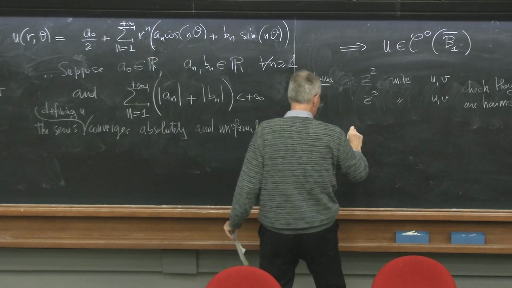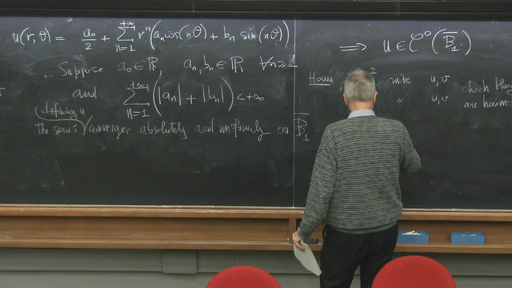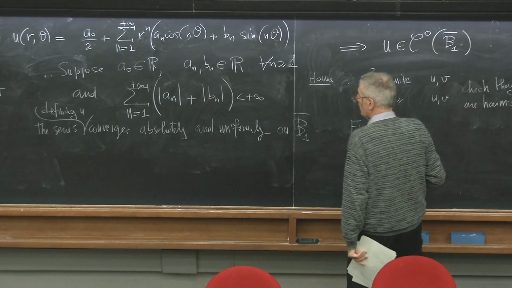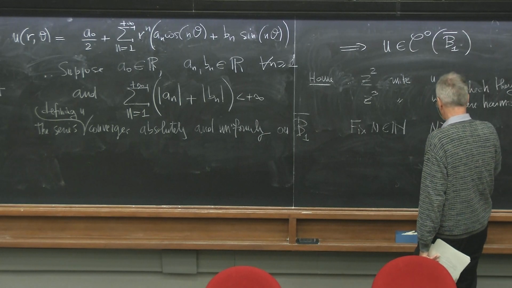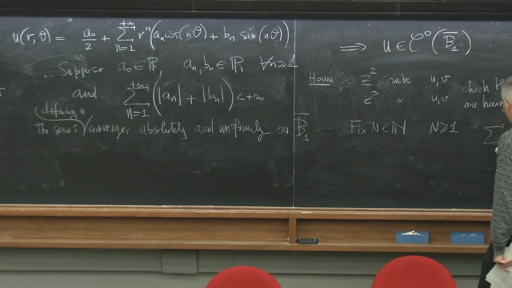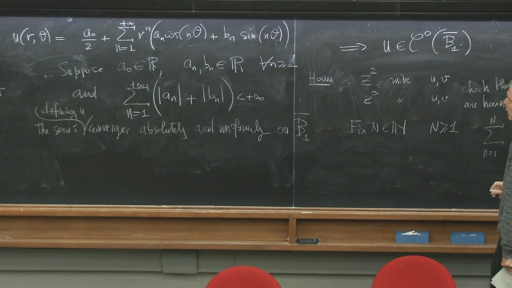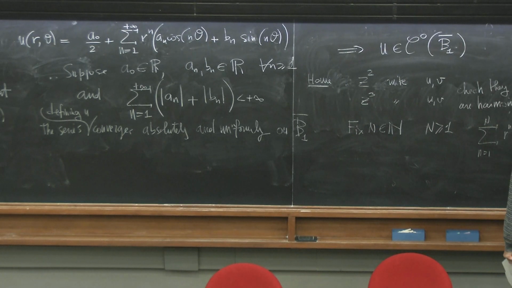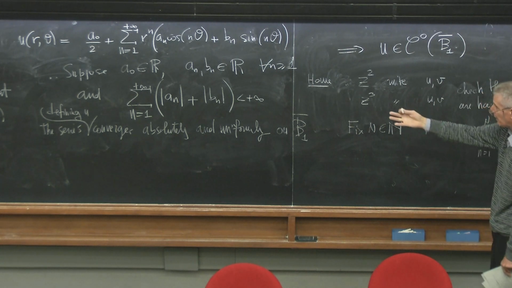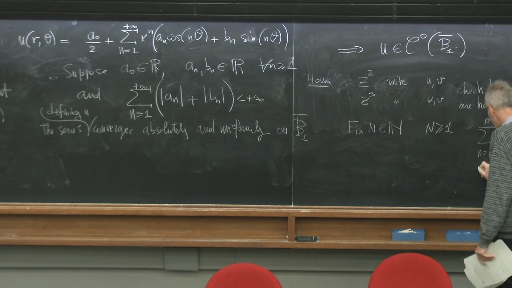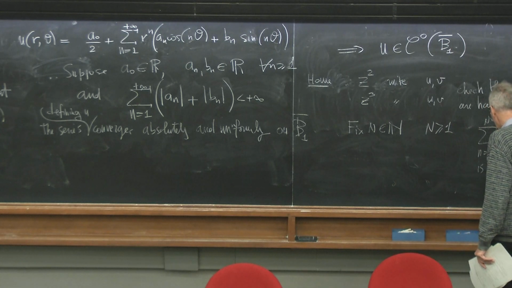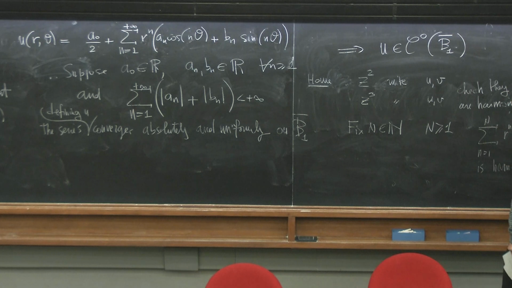This means that if I fix n larger or equal than 1, then the sum from 1 to n of this is harmonic in our disk B1. Actually, it is harmonic in the whole plane, everywhere, but in particular here in B1.